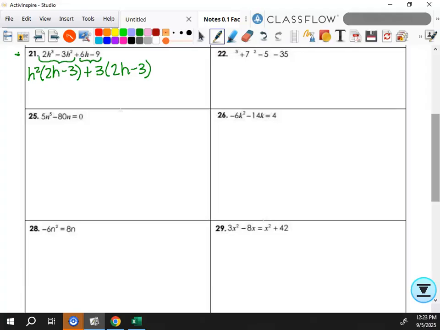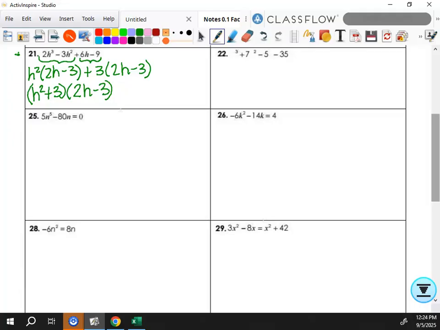On this assignment, it's because you made a mistake, because everything I gave you will factor. So now I set this up as h squared plus 3 times 2h minus 3. Can I factor this anymore? No. Can't do anything else with it.